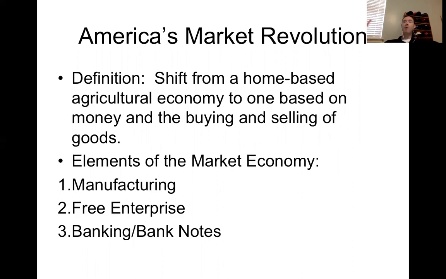Now, think about what we think of when we hear the word market. We think of a place where goods are produced and also sold. Every time you walk into a store, Target, Walmart, Harris Teeter, if it's a grocery store, whatever it is, you are in some way, shape, or form walking into something that has a market associated with it.